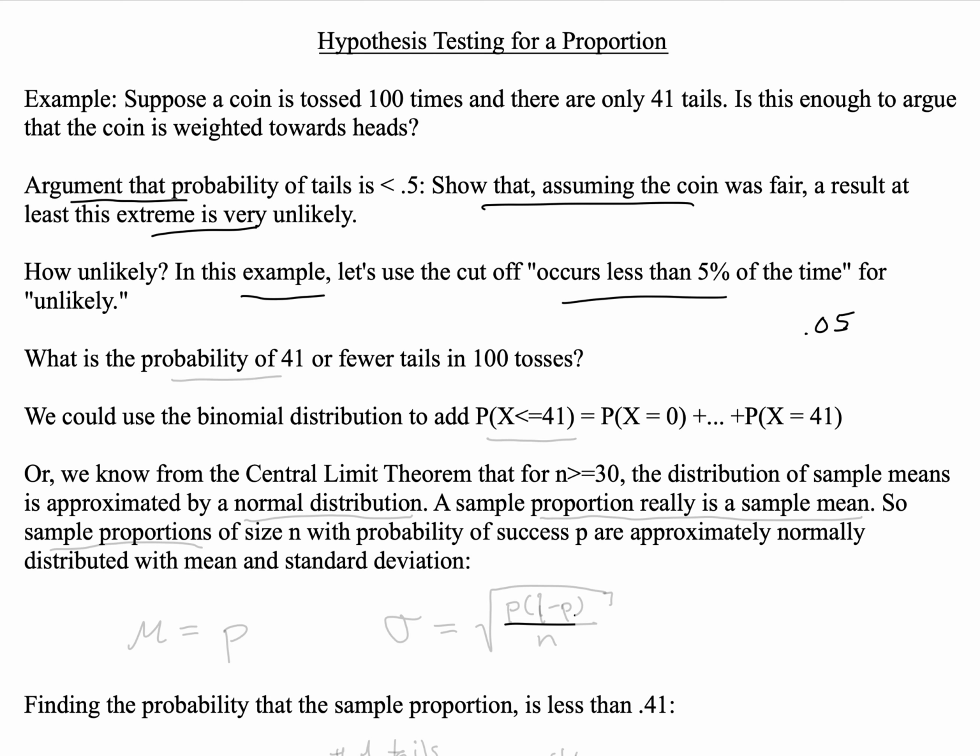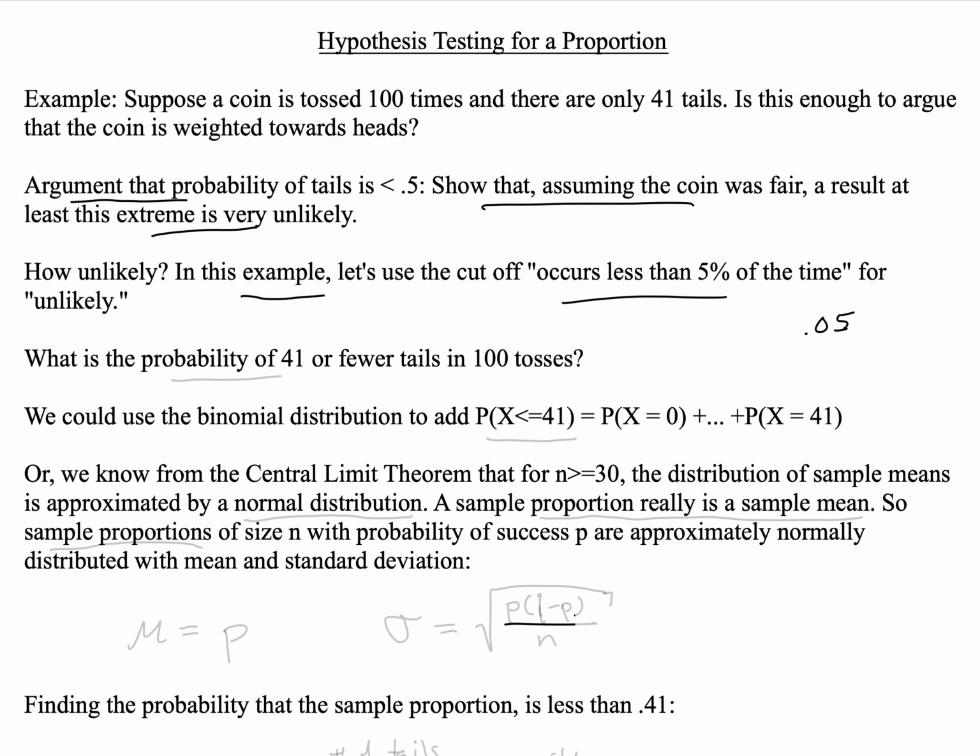The test we did above is called a one-tailed test. It's called a one-tailed test because we were testing specifically whether the coin was weighted towards heads. So if P is the probability of tails, we were testing whether P was less than 0.5.